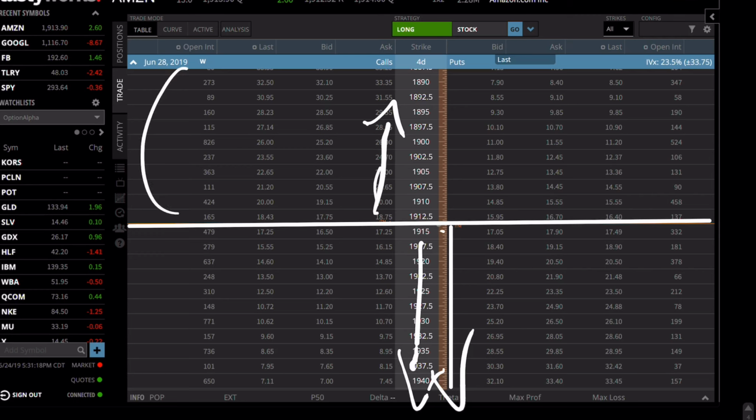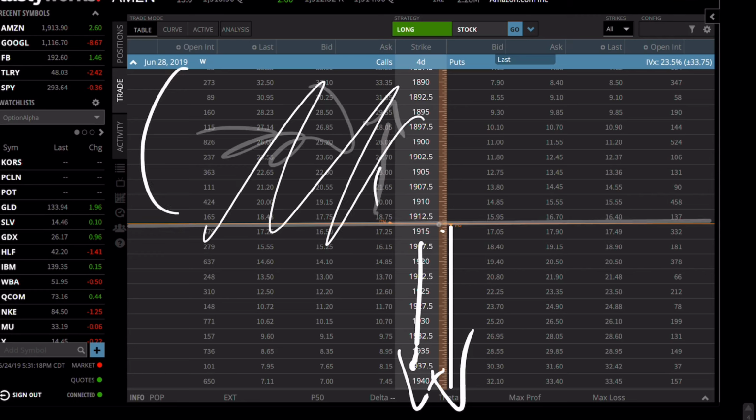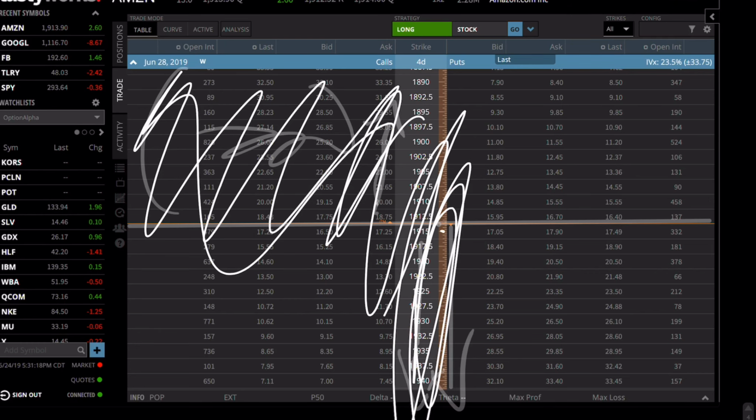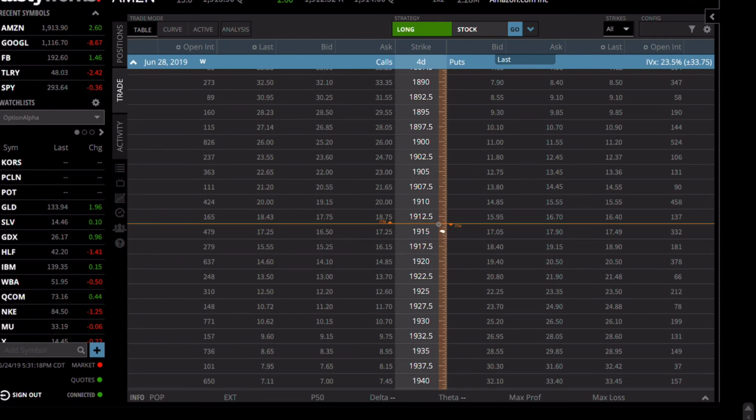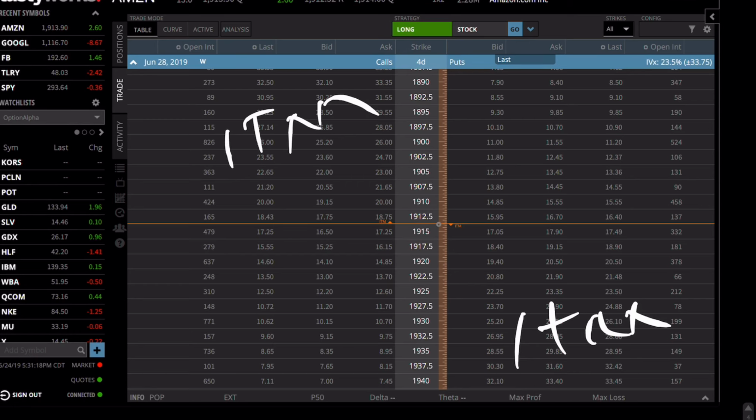As you can see here, these are not highlighted, but you need to understand that the in the money ones for the call side are the ones that are below the current price of the instrument, and the ones that are in the money for the puts are the ones that are above the current value of the underlying. So puts that are in the money are above the current price, and calls that are in the money are below the current price.